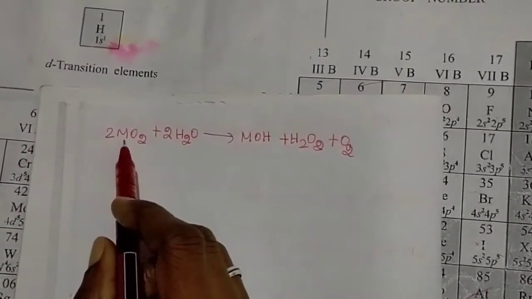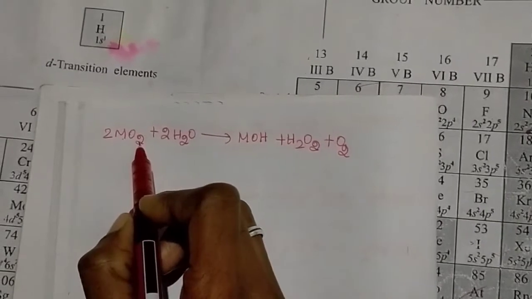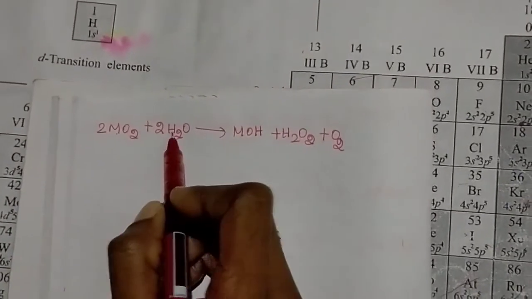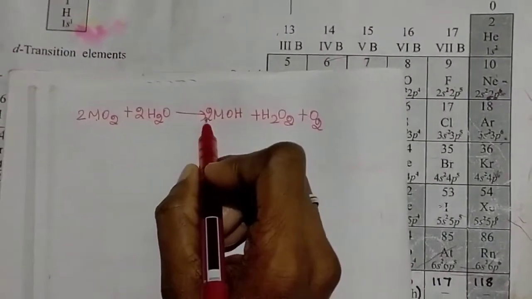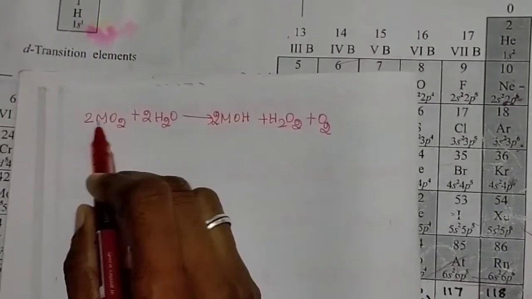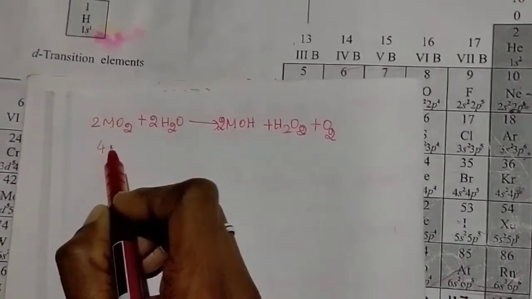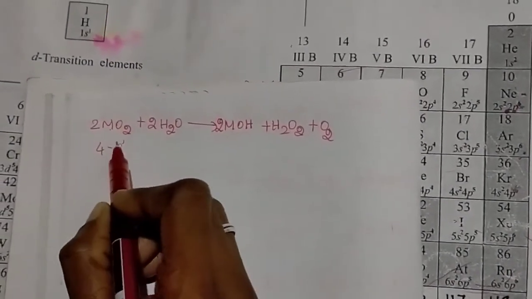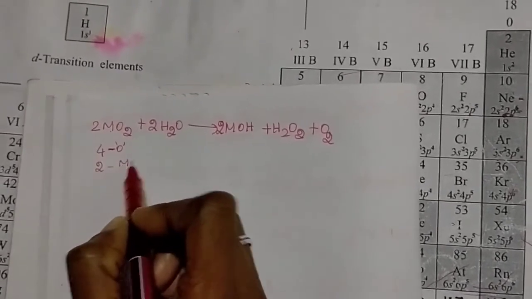Here 2M. So 2M combined with the 2 molecules of oxygen and 2 hydrogen. So now it's become 2M. From here you know totally 4 oxygens are present in this. So 4 oxygen, 2M.